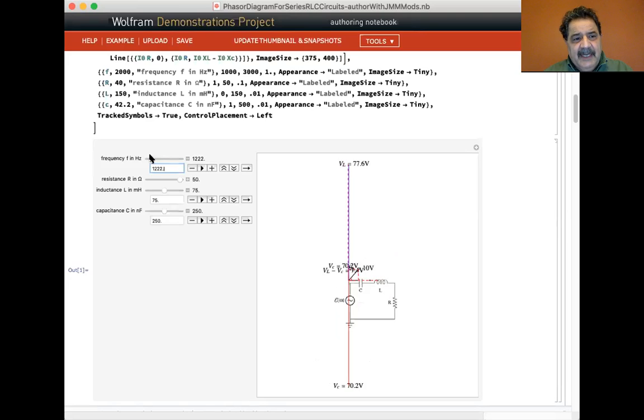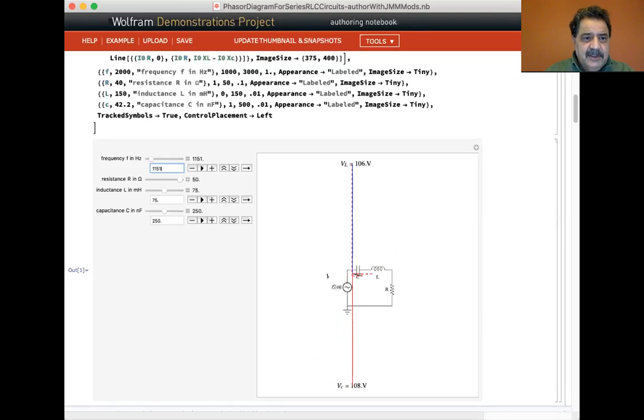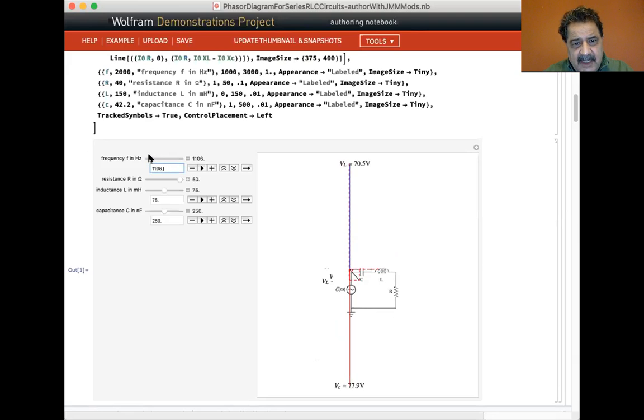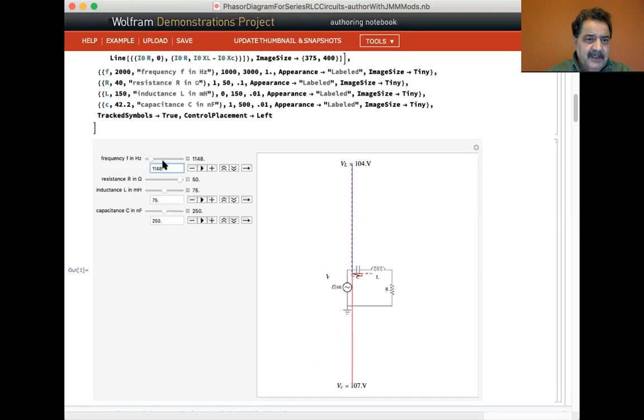But if I slide it back and forth, you can see that there's a point where the phasor just lines up with the resistor, and I think if I recall, it's 1162.